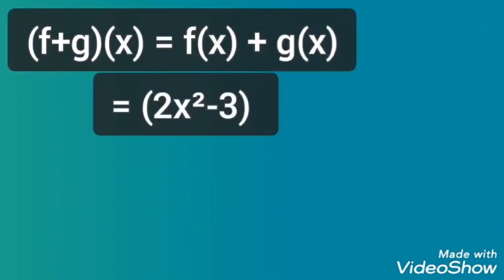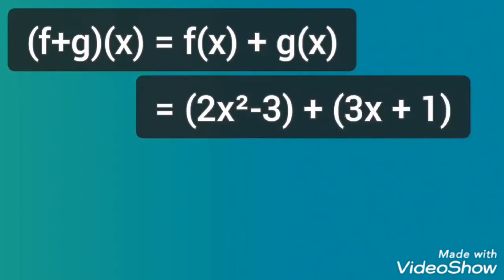So first we have here the f of x. So you're going to write here 2x squared minus 3, and then plus the value of g of x, which is 3x plus 1.